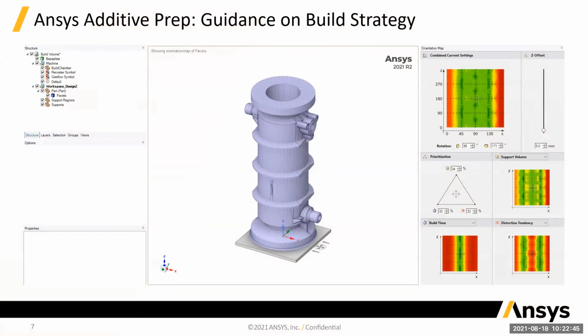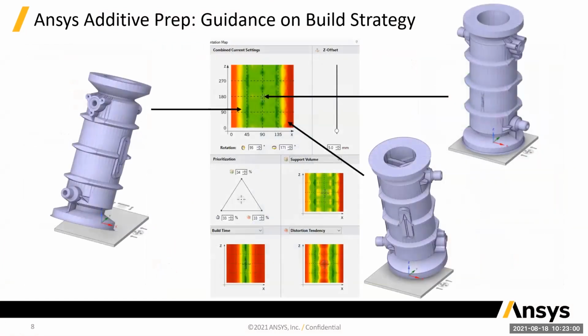What prep can do is give you guidance on your build strategy with respect to orientation. It can give you feedback with respect to build time and distortion tendency, so that you can quickly align your geometry in the most efficient way possible. If we rotate our slide here for a second, you'll notice that we have these two different rotations and all of these different heat maps relating to the different parameters that you're looking at from a manufacturing perspective.